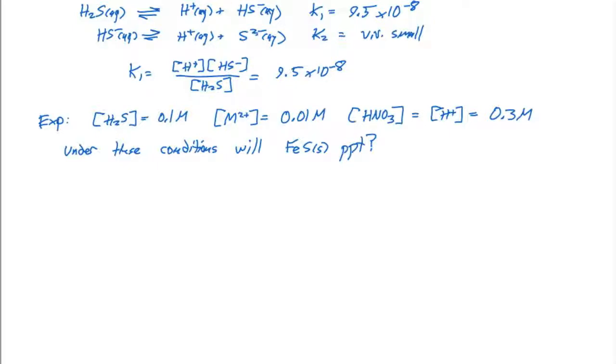So we have to think about what's going on in solution. Our first thing that we look at is if we have iron sulfide as a solid, it's going to form an equilibrium with iron 2+ in solution plus S2- in solution.